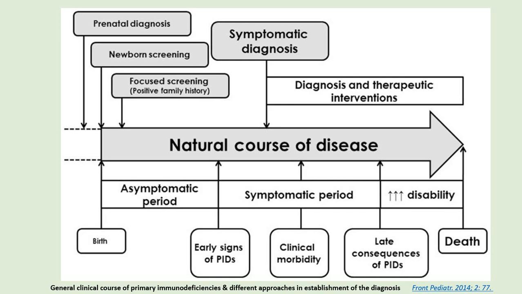we diagnose him in the asymptomatic period, and this can be done like we do it here in this country, by focused screening in the presence of a positive family history. Like when I have a family who already had a SCID patient or more, the next baby that is born can be screened at birth for the possibility of being a SCID patient, ruling it out or diagnosing it early.